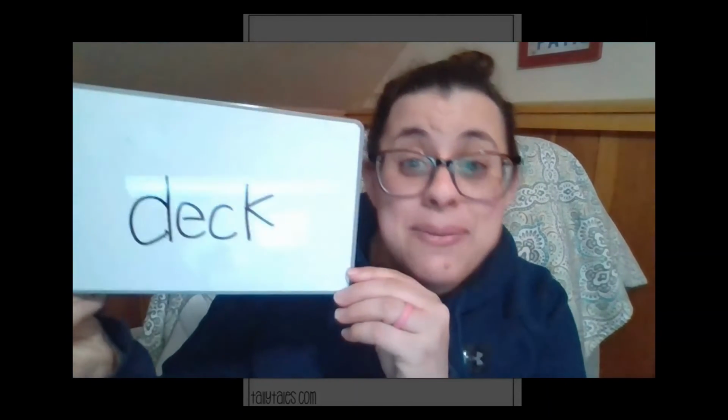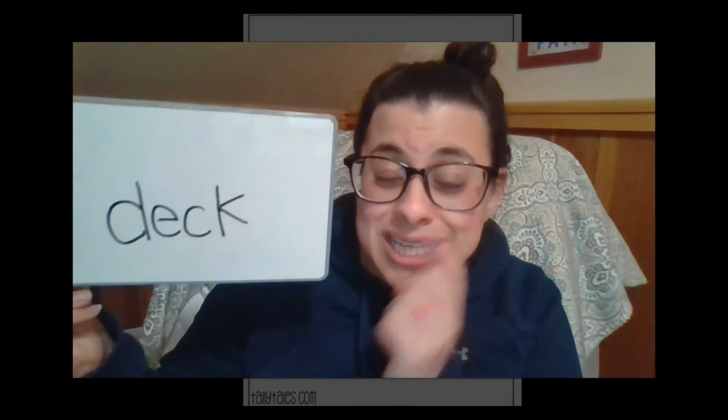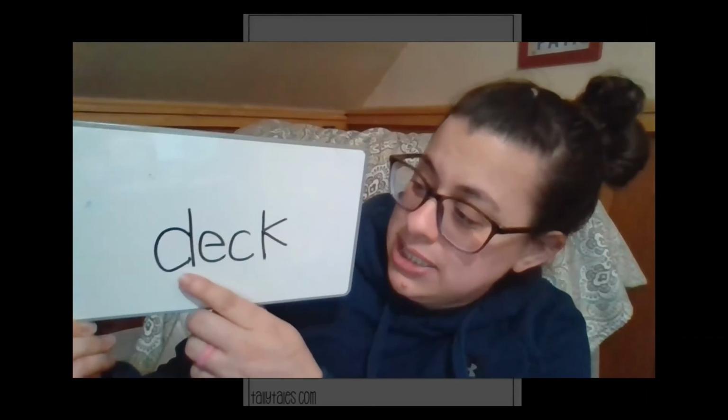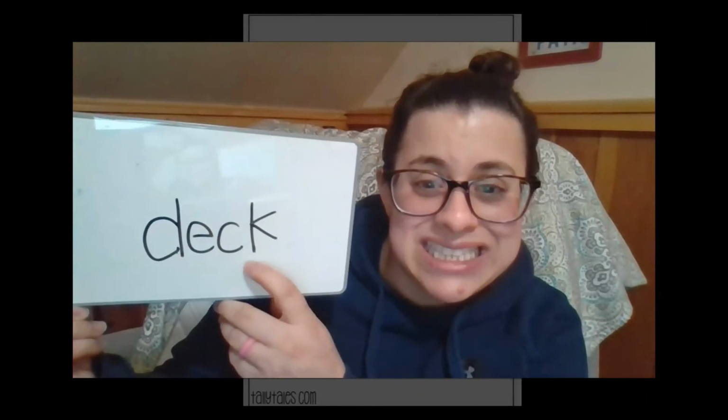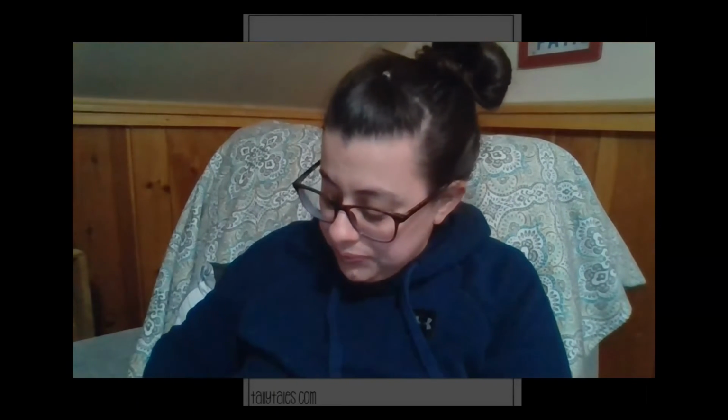We learned that at the end of the word, C and K are together. CK make the K sound at the end of the word. We only hear CK at the end of the word. D, e, k, deck.